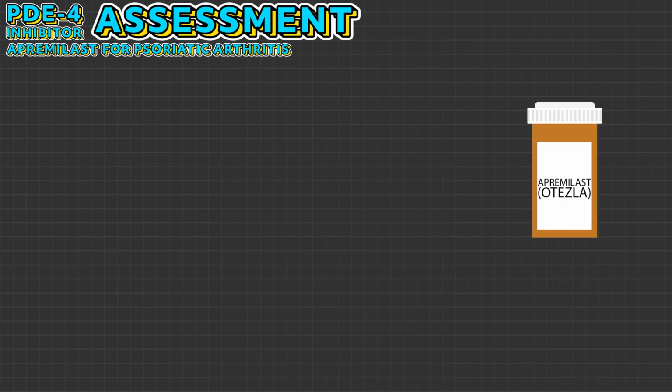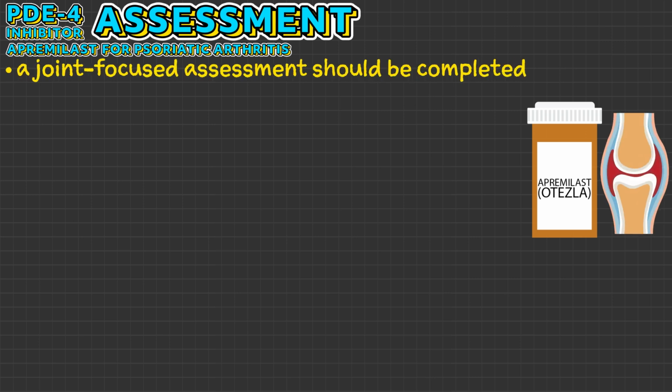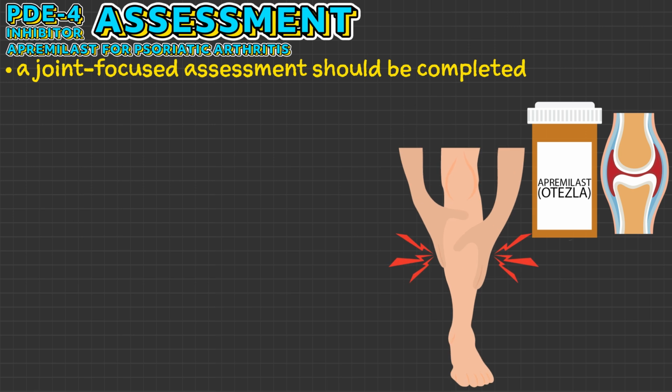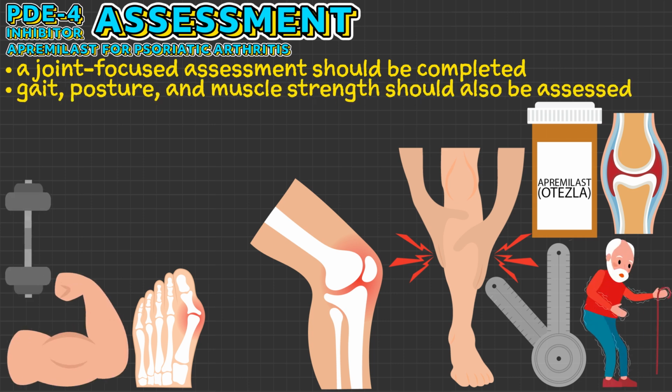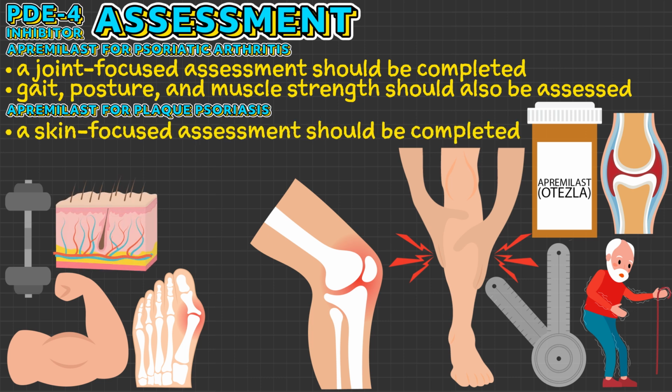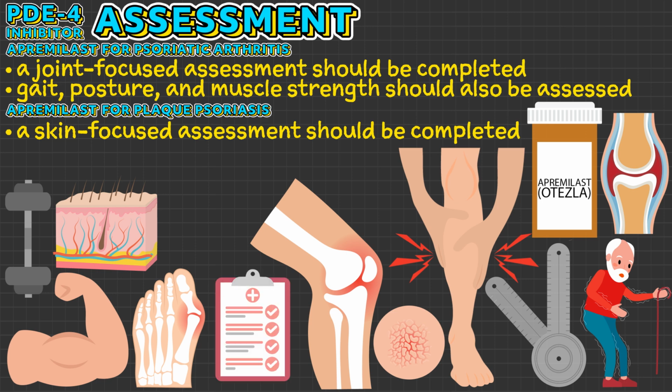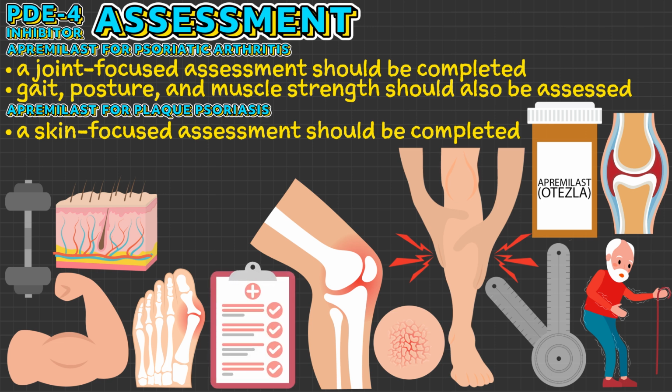When administering Apremilast for psoriatic arthritis, a joint-focused assessment should be completed, including joint pain, deformities, stiffness, swelling, and range of motion. Gait, posture, and muscle strength should also be assessed. When administering Apremilast for plaque psoriasis, a skin-focused assessment should be completed, including characteristics of skin lesions and their extent and severity, using an applicable measuring scale, such as the Psoriasis Area and Severity Index.